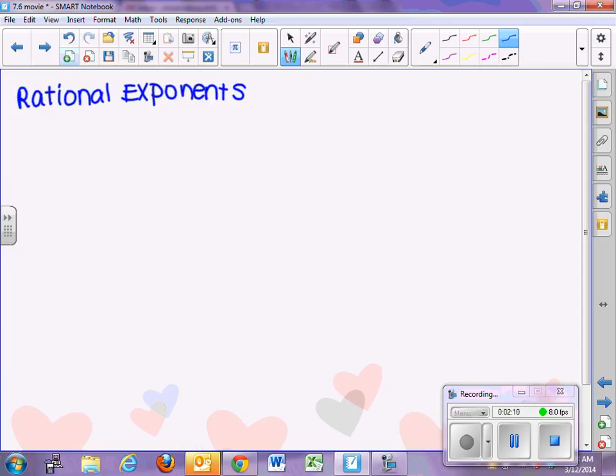If you have a base and it's raised to an x over y power, now think of it this way. It's the same as b to the 1 over y power, which we just learned in the last screen, raised to the x power, right? Because when you raise a power to a power, what you're doing is multiplying.